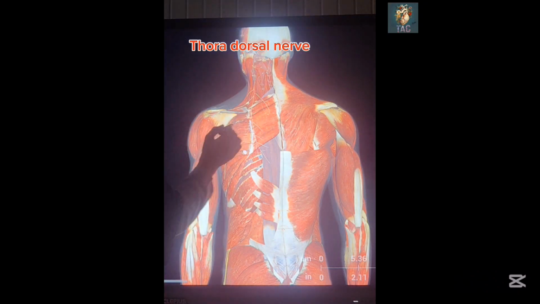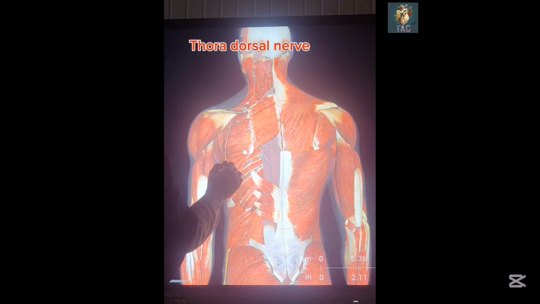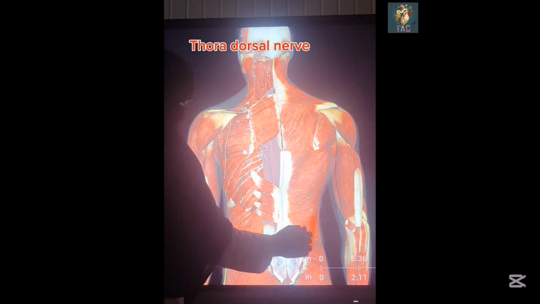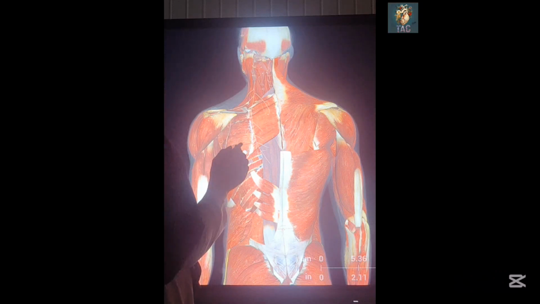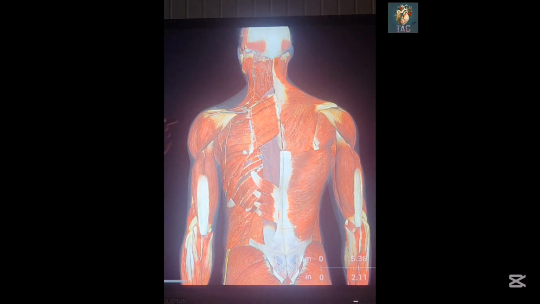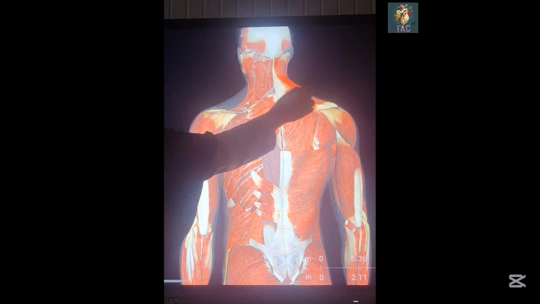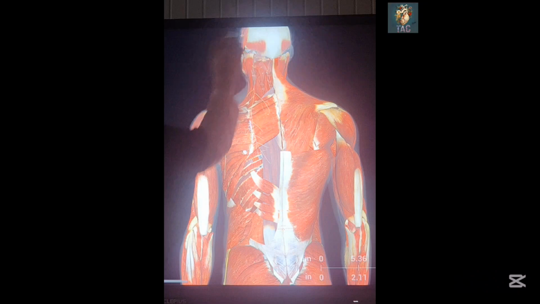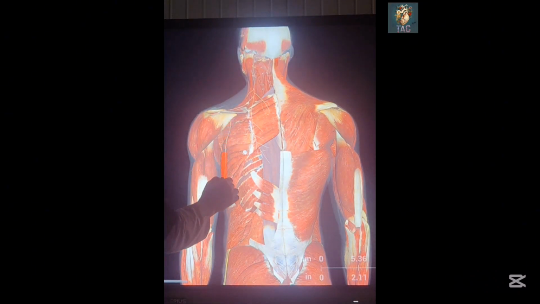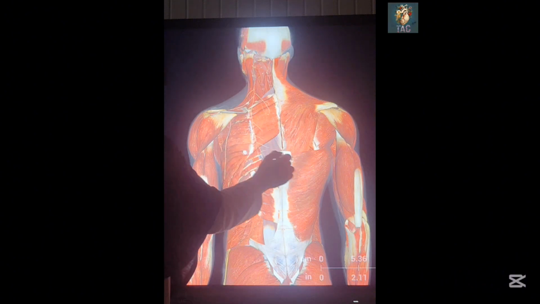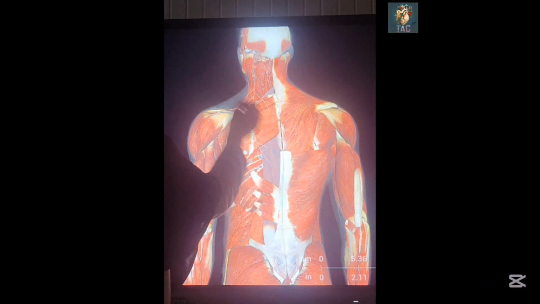So now you can see this nerve which is present over here, this is the thoracodorsal nerve, and this nerve supplies all of the latissimus dorsi muscle. So the superficial muscles are supplied by the spinal accessory nerve, which continues as the subtrapezial plexus and supplies all of the trapezius muscle. Similarly, the thoracodorsal nerve, which is a nerve from the posterior cord of the brachial plexus, supplies the latissimus dorsi muscle.